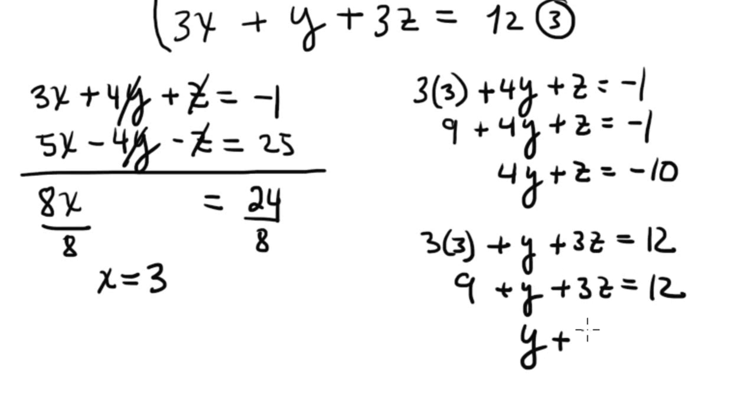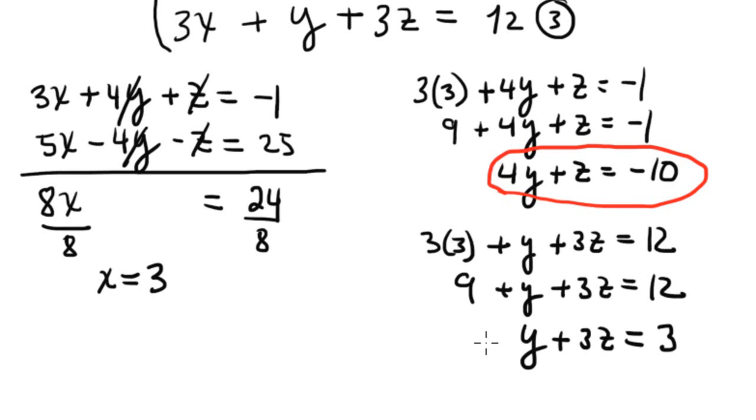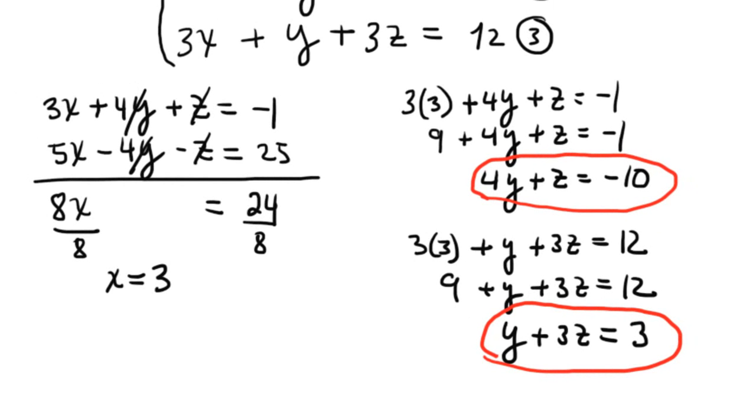Then y plus 3z is equal 12 minus 9, which is 3. So you have this equation, I have this equation. Basically it's two equations that contain only two variables.